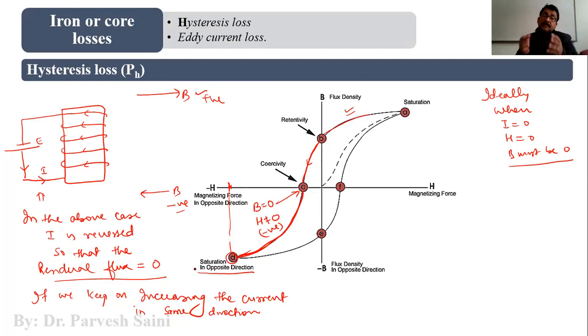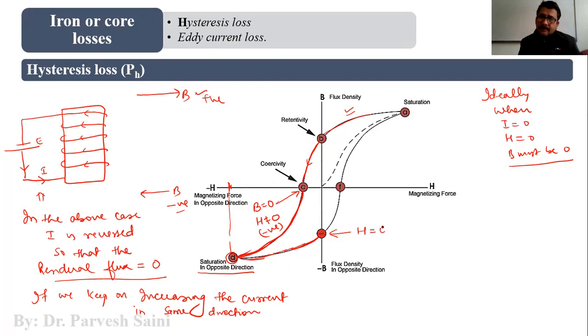You need to reduce the current now. Okay. So when you reduce the current, it will start getting demagnetized, and let us say at the value of current equal to 0, H will become 0.